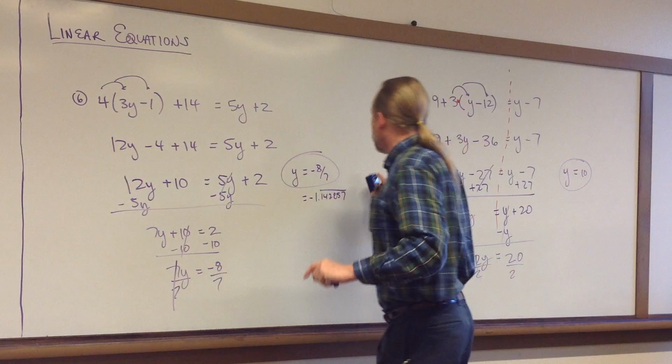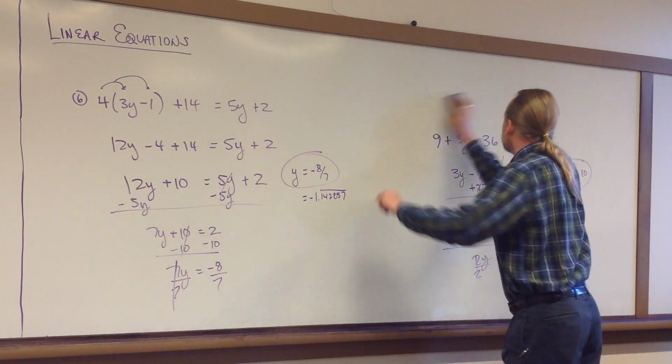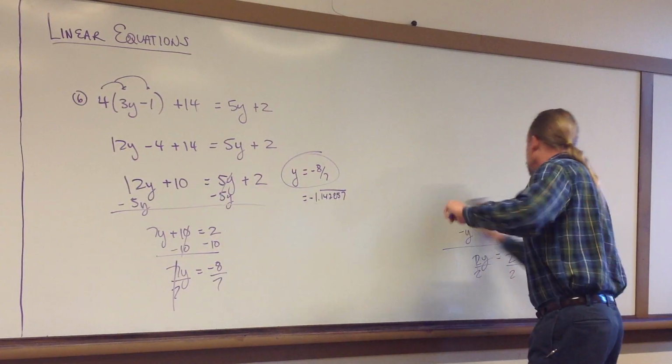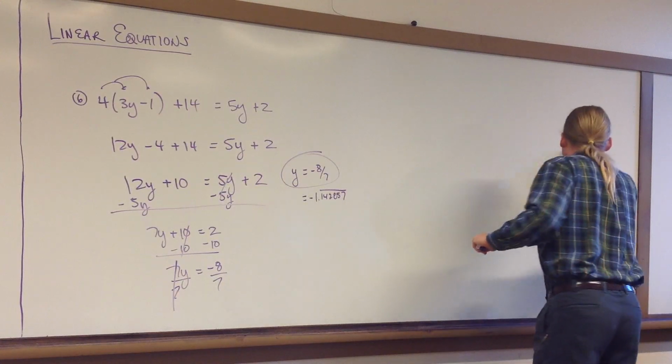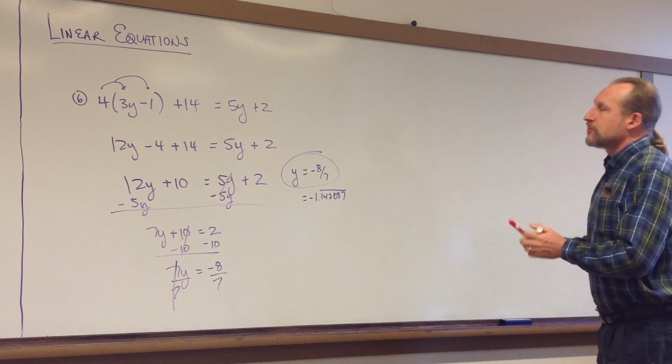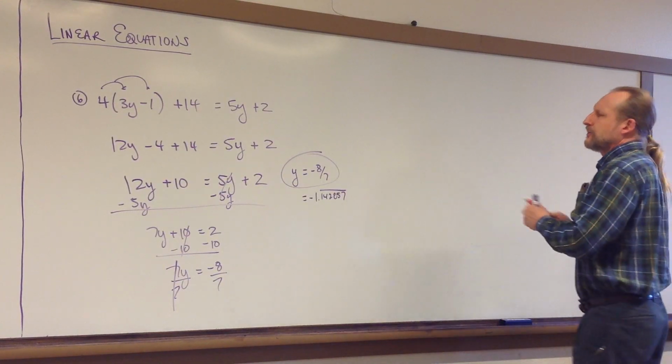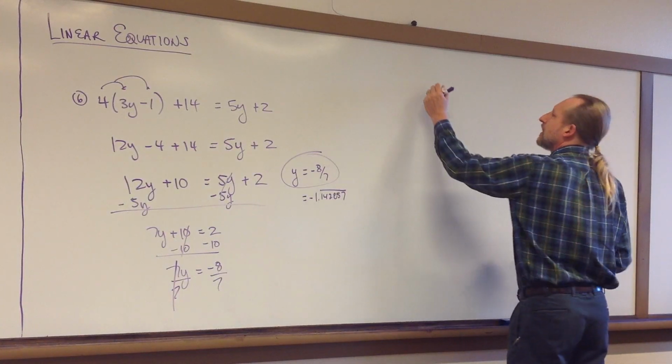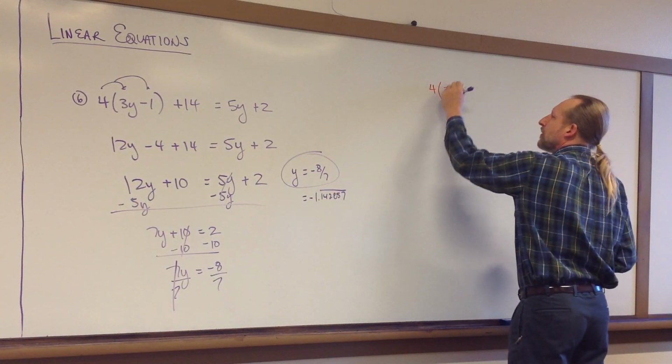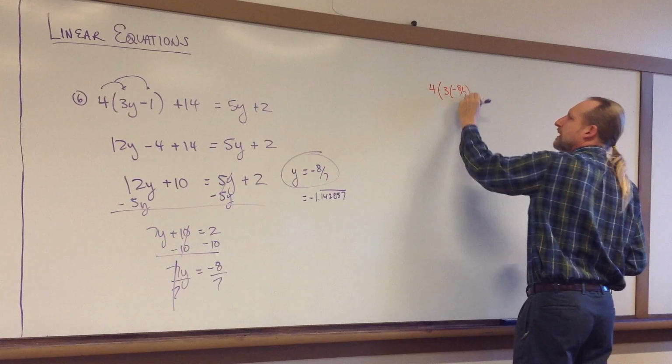I was just thinking about checking this on the calculator. If you've got a calculator, it can be helpful to check your answer. So let's go ahead and do that here. This one's going to be kind of difficult because of the form of the answer, negative 8/7.